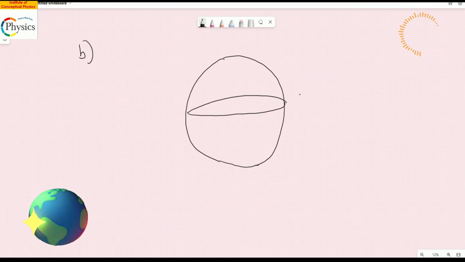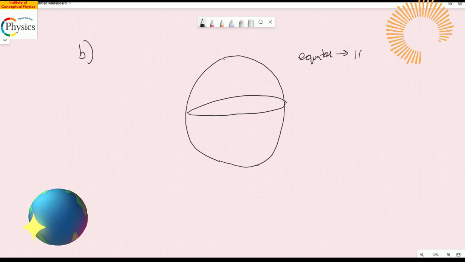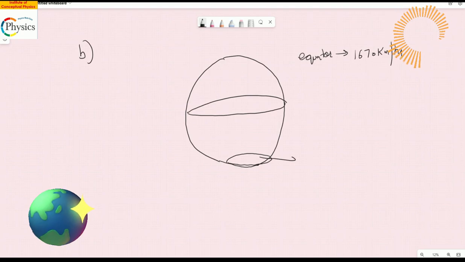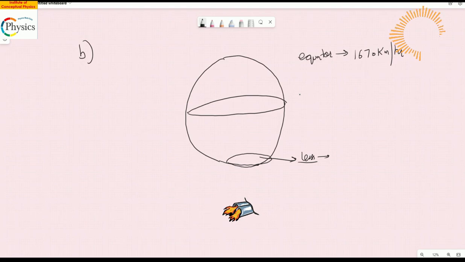The reason is the equator has a speed of around 1670 kilometers per hour. Earth is rotating, but the poles, for example, if you consider a piece of mass near the poles, is rotating with less velocity. So less speed is available here. So most of the satellites are launched tangentially so that they get an extra velocity of 1670 kilometer per hour.